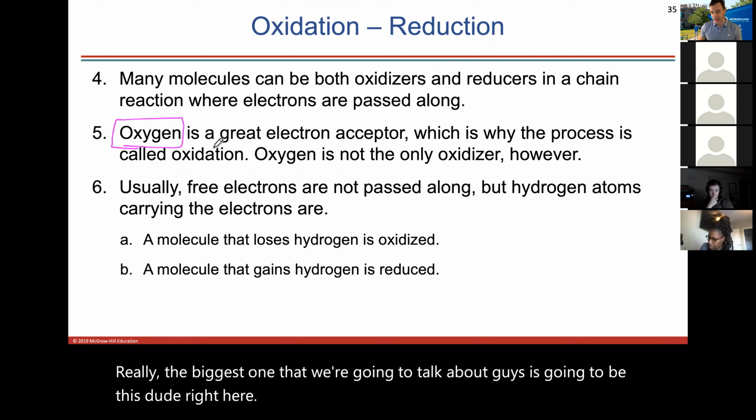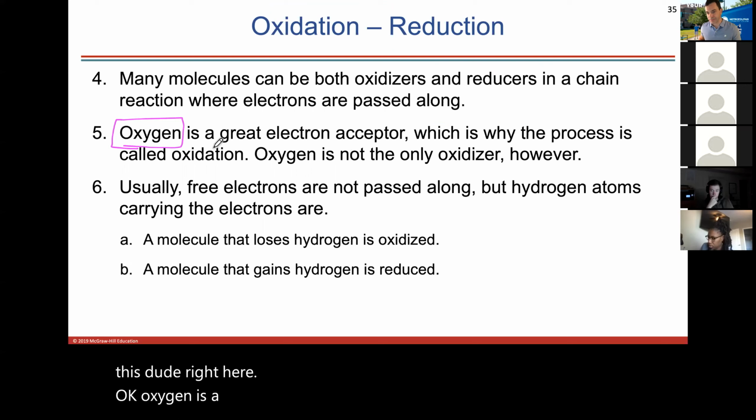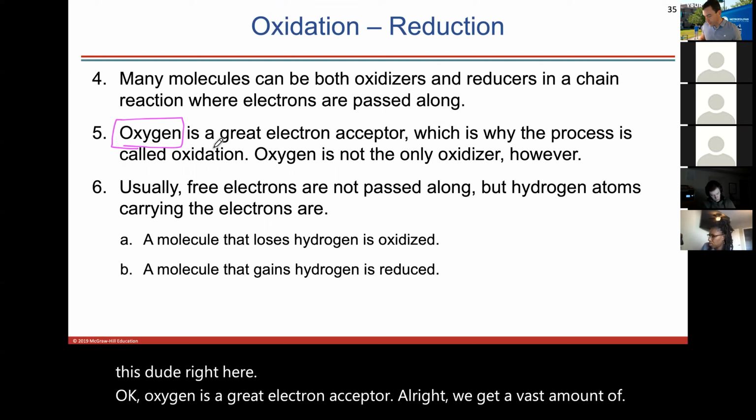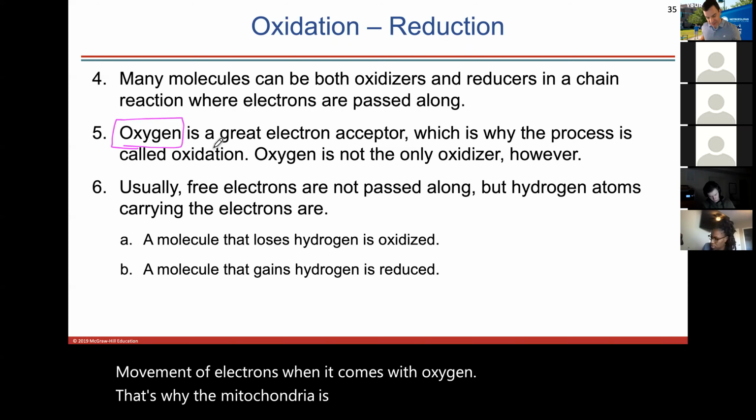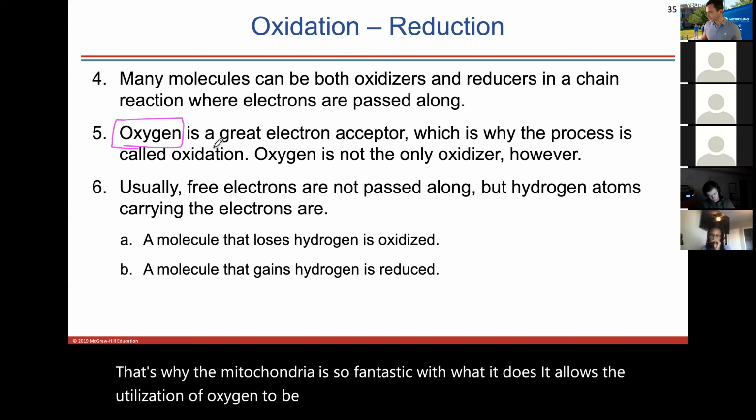Okay. Oxygen is a great electron acceptor. All right. We get a vast amount of movement of electrons when it comes with oxygen. That's why the mitochondria is so fantastic with what it does. It allows the utilization of oxygen to be that final electron acceptor to help ultimately create energy.